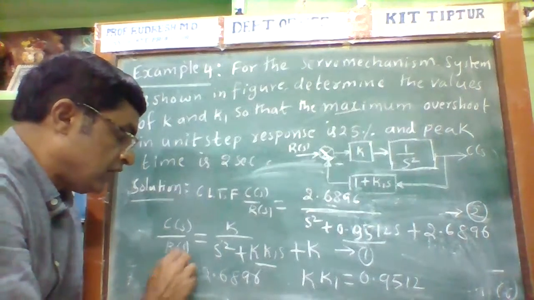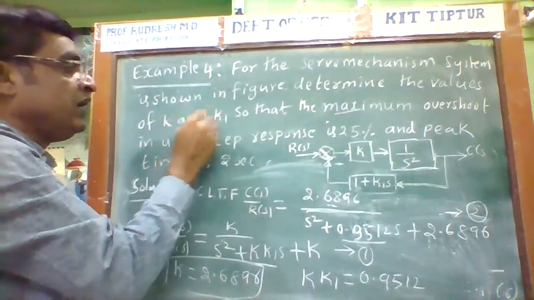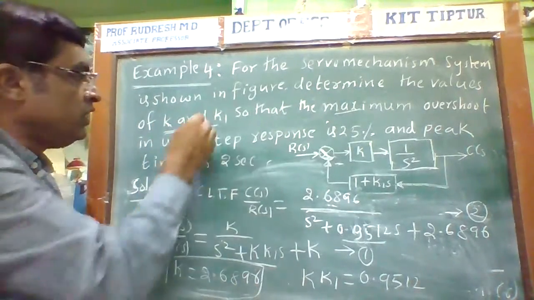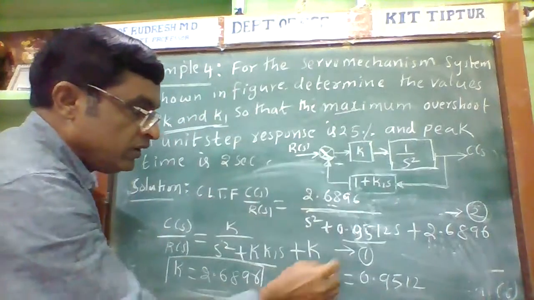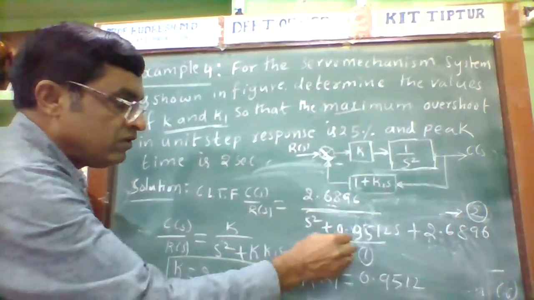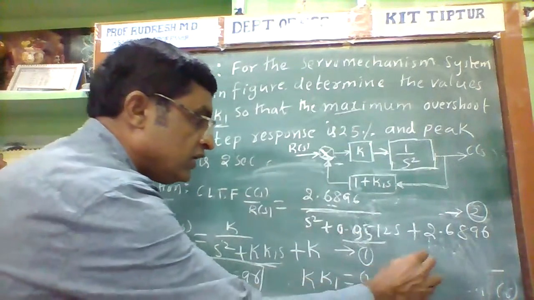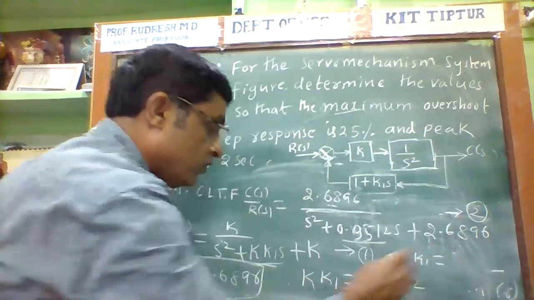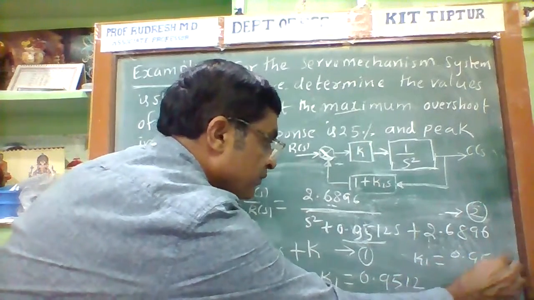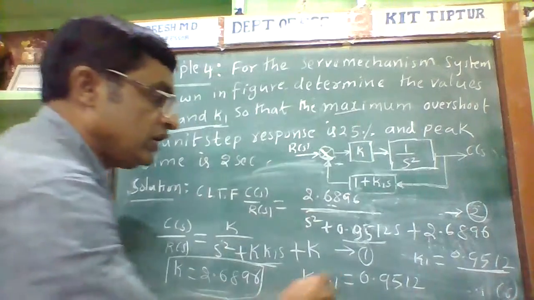Once we know this, we need to determine the values of K and K1. We have calculated the K value. Therefore, in order to calculate the K1 value, K into K1 in equation 1 is compared with this equation. Therefore K1 is equal to 0.9512 divided by the K value.